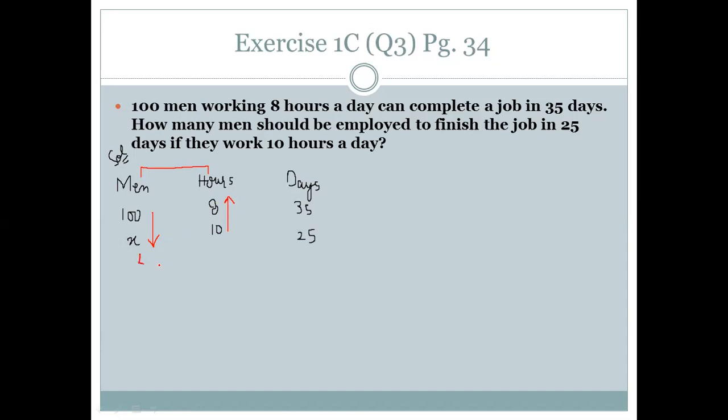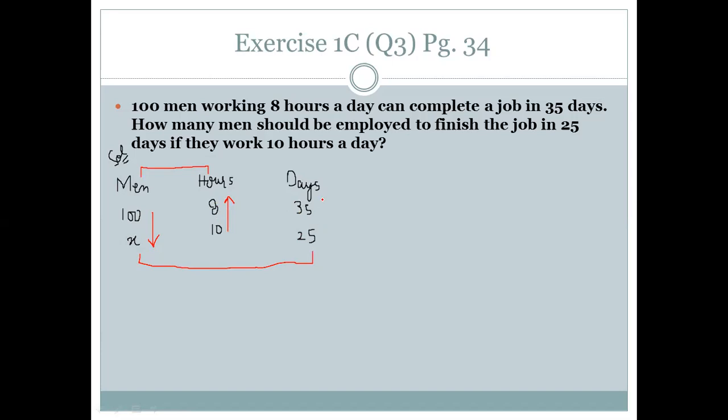Now we are going to compare men and days. If 100 men are required to do a job in 35 days, how many men will be required to finish the job in 25 days? Definitely more men are required to finish the job in 25 days.